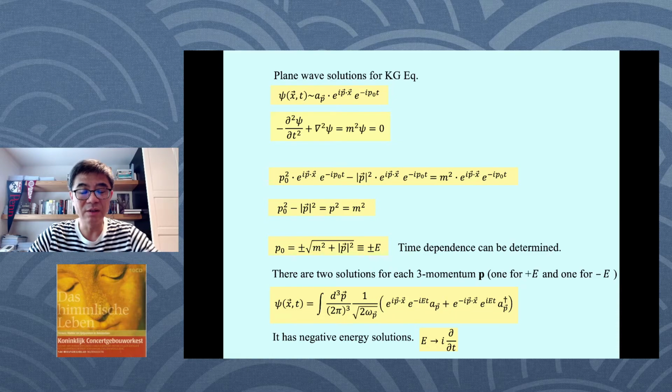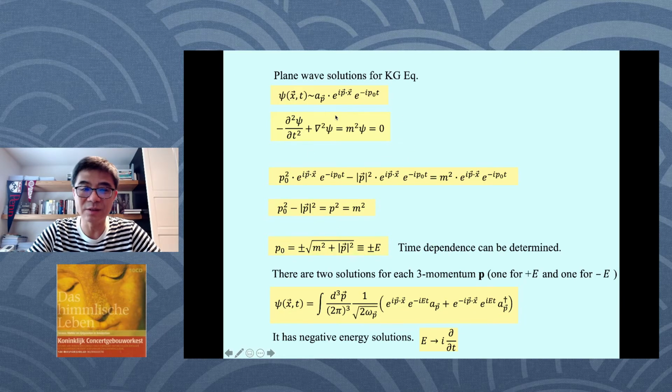Otherwise, you can actually spend your energy and make the energy of your state lower and lower and lower. Okay, so it's impossible. Therefore, at this point, Schrödinger in 1926 abandoned this equation, and he did not publish it.